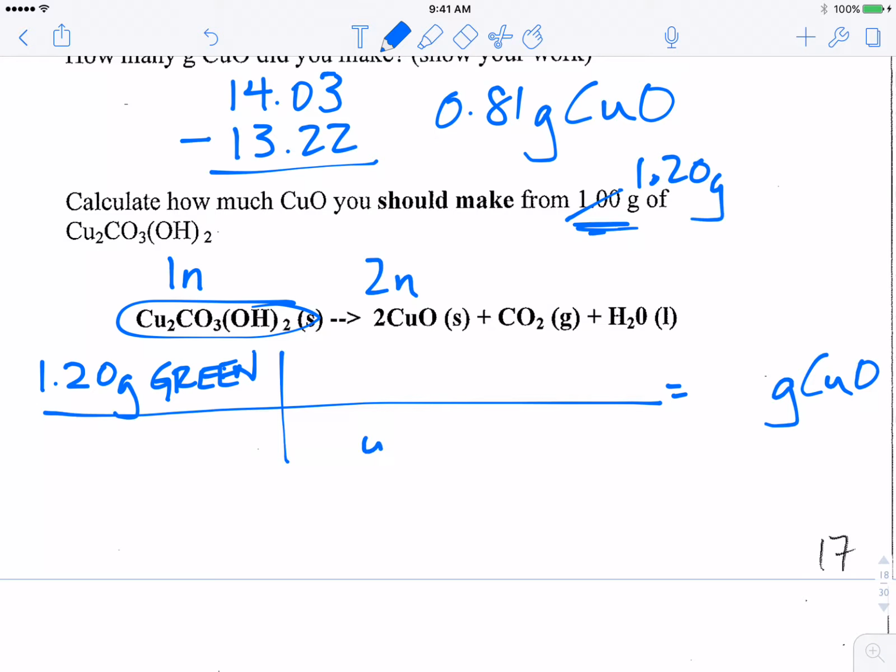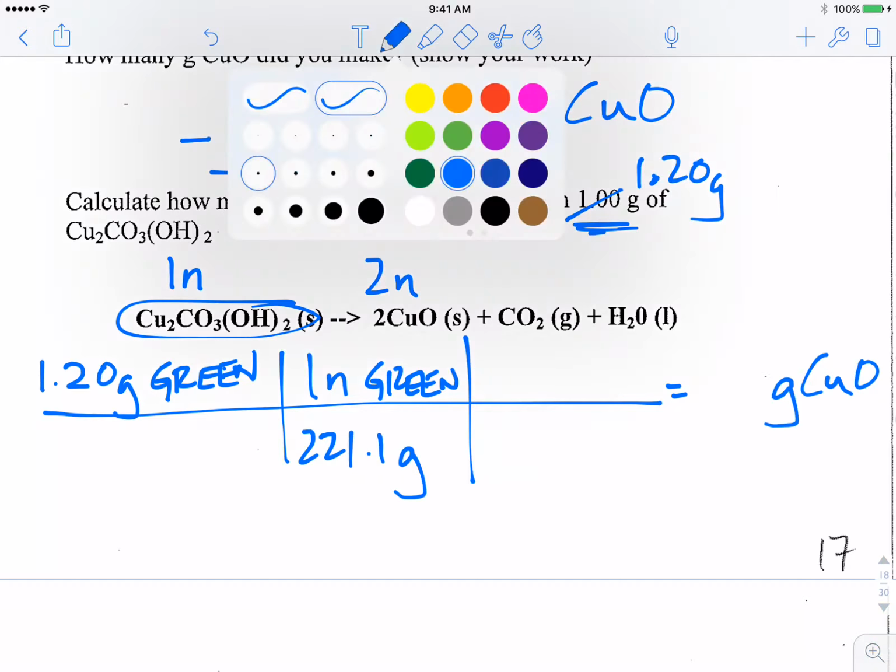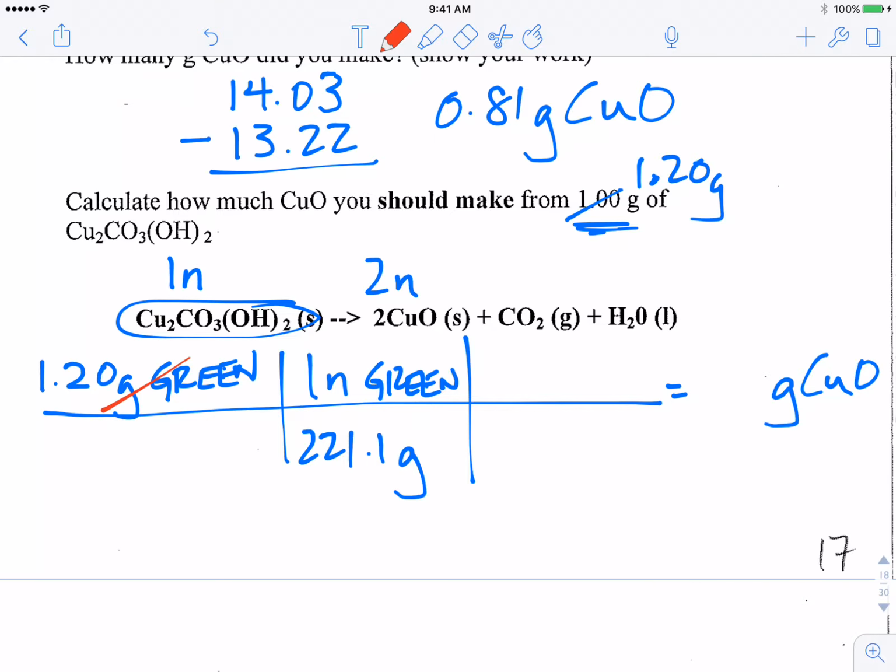So we're going to put grams on the bottom for every 1 mole on the top. Okay. And my molar mass of copper carbonate basic is 221.1 grams. So that's going to allow us to cancel out these units of grams, and we're left with moles.